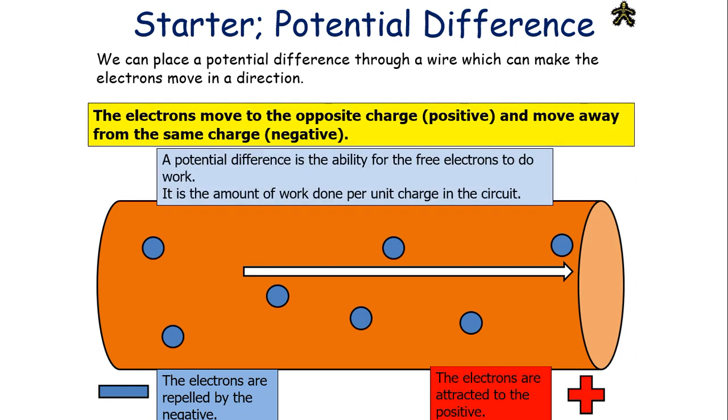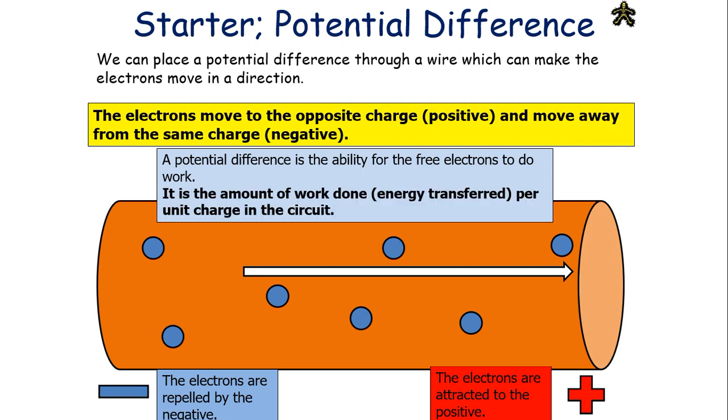By full definition, potential difference is the ability of free electrons, the charge, to do work. Basically, it's the amount of work done per unit charge in the circuit. Work done is fundamentally the amount of energy transferred or store changed. As a result, potential difference is the amount of work done or energy transferred per unit charge in the circuit.